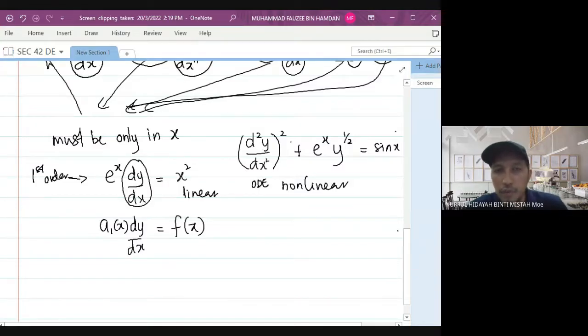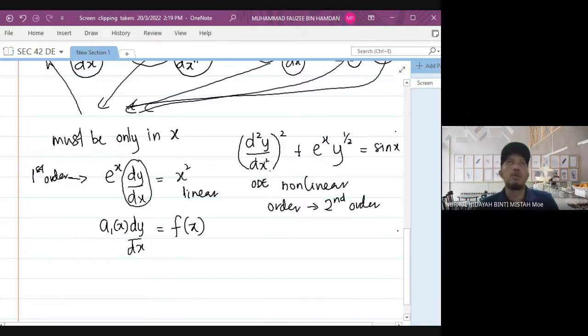I already gave you the reason why it is non-linear. But for this ODE, what do you think the order is? Second order. Very good. How do we know? Because the highest differential coefficient that exists in our equation is d to the power of 2y over dx to the power of 2.